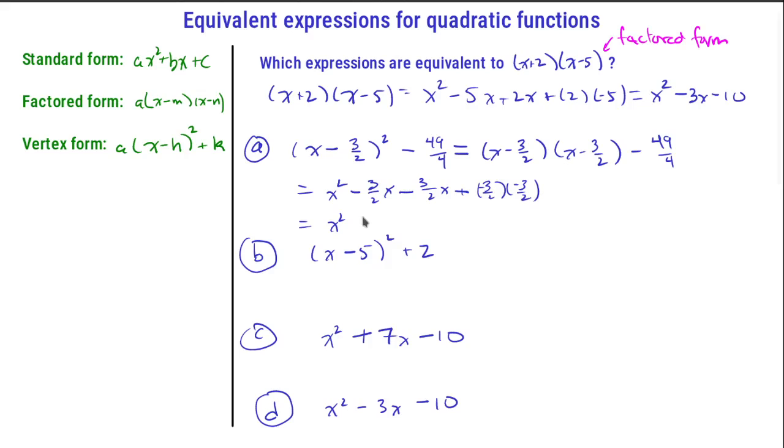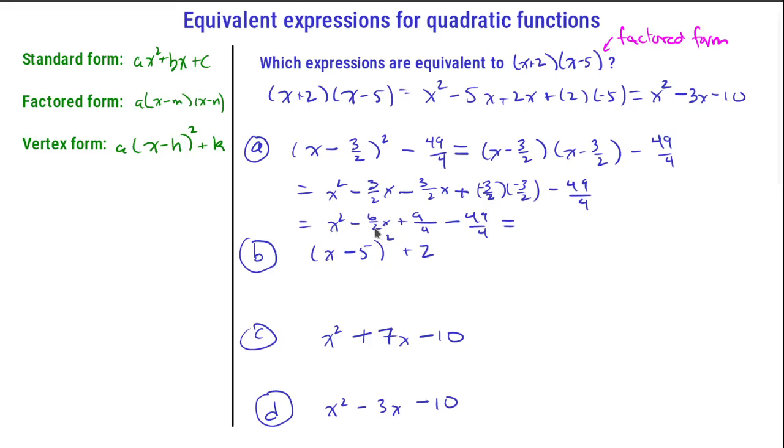Now we combine like terms: negative 3/2 x minus 3/2 x is minus 6/2 x. Then negative 3/2 times negative 3/2, you multiply the numerators, negative 3 times negative 3 is positive 9, and 2 times 2 is 4, so 9/4. And sorry, I missed the 49/4, so minus 49/4. Sorry about that.